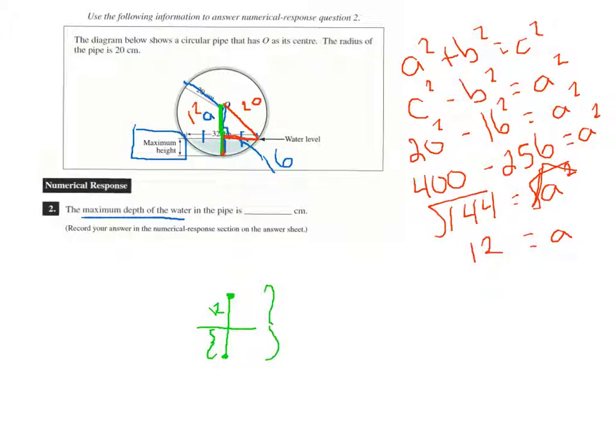If the entire distance, or the radius, is 20, then 20 minus 12, which is what we know, is equal to 8. And therefore, the distance from the chord to the outside of the circle, which is the depth of the water, is 8.